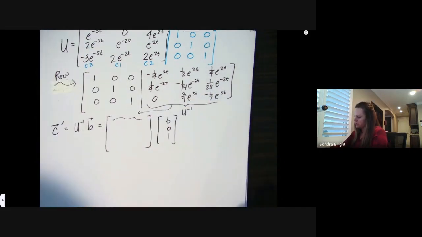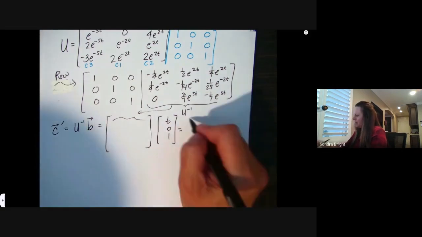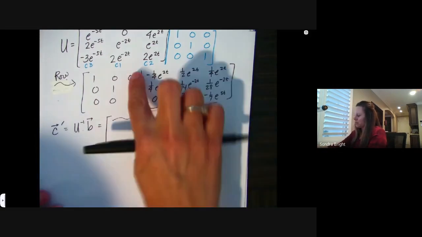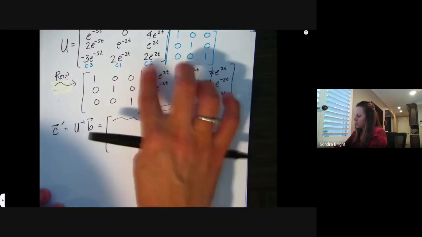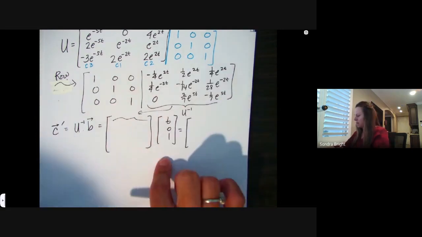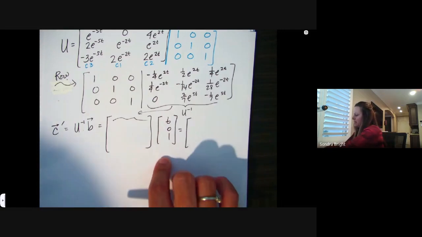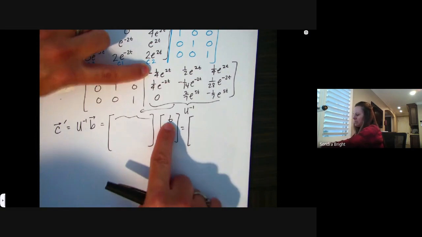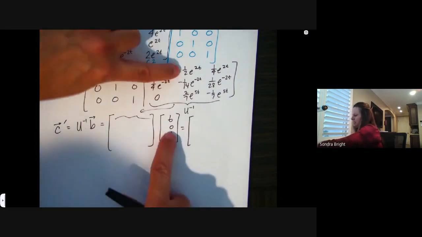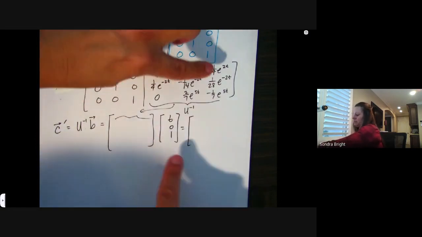When you multiply those, remember, 3 rows, 3 columns by 3 rows, 1 column, you'll end up with a 3 by 1. You go element by element: t times the -1/4 e to the 2t, plus 0 times 1/2 e to the 2t, plus 1 times 1/4 e to the 2t.